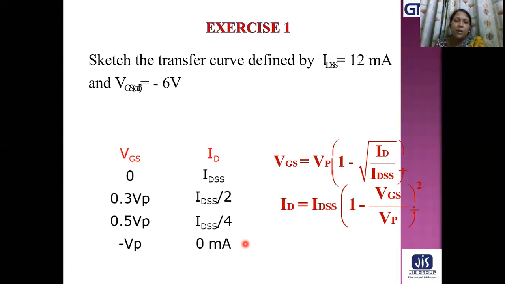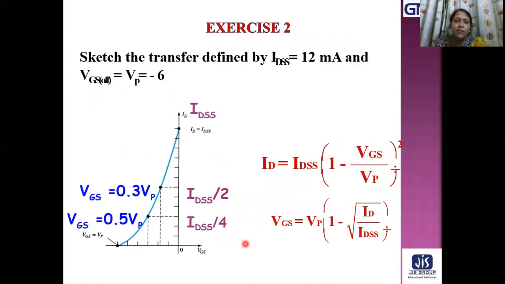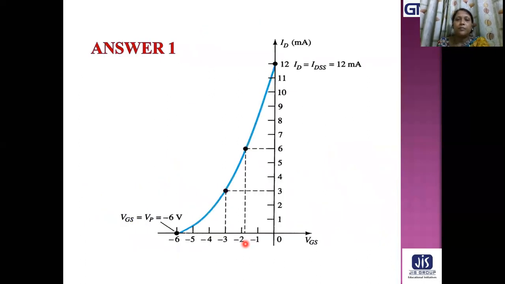When VGS equals minus VP, we know ID equals 0. So the next exercise is to put ID equals IDSS and VGS equals VP. Then put intermediate values and the intermediate value corresponding current. Join these points, you will get the transfer characteristics curve easily. This is the answer.